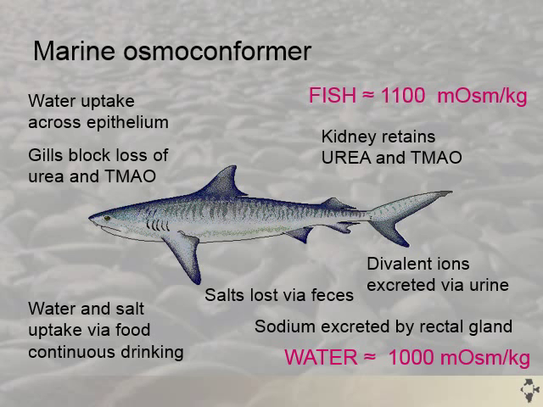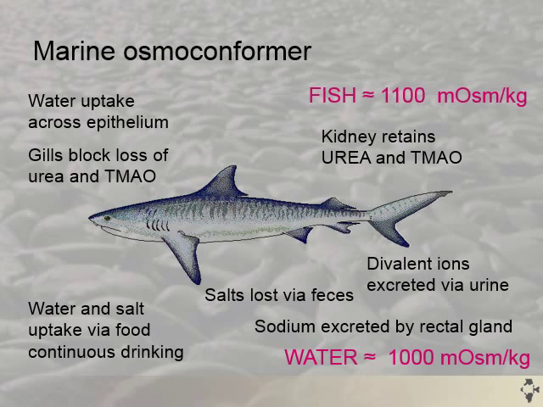So the marine osmoconformers are a little bit different in that they could theoretically excrete ammonia at the gill quite easily, but they instead choose to accumulate ammonia, convert it to urea, again, to take advantage of the slightly lower toxicity of urea, and use that as an osmolyte. So they accumulate this urea, but again, urea is less toxic than ammonia, but still ultimately toxic.